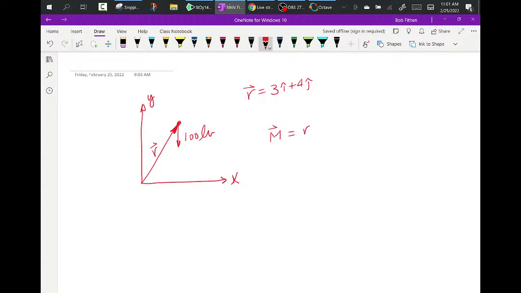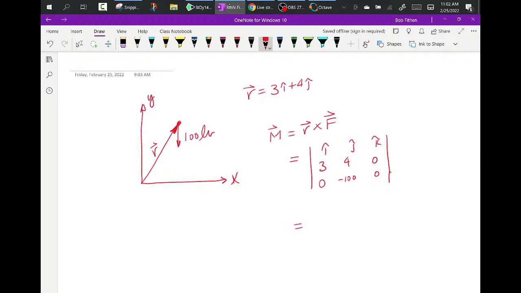So if we want to find the moment of this thing, we would just do this. It's a pretty simple thing. I, J, K, and the R vector is 3, 4, and nothing, and the F vector is nothing in the X, minus 100, or maybe I should have just made it 1 pound, but it's okay.